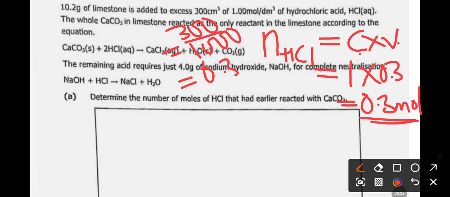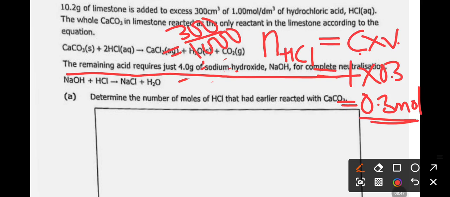Alright, then now I refer to the information provided by this statement here. It says the remaining acid just requires 4.0 grams of sodium hydroxide for complete neutralization.